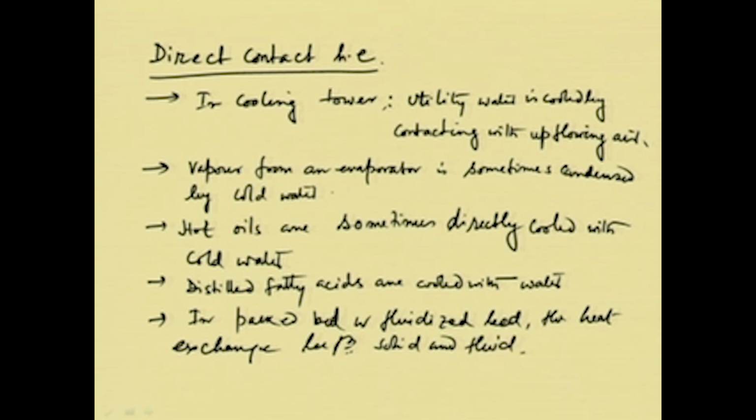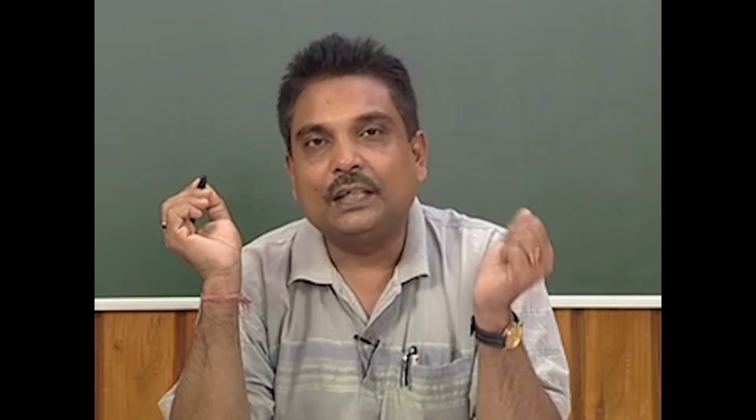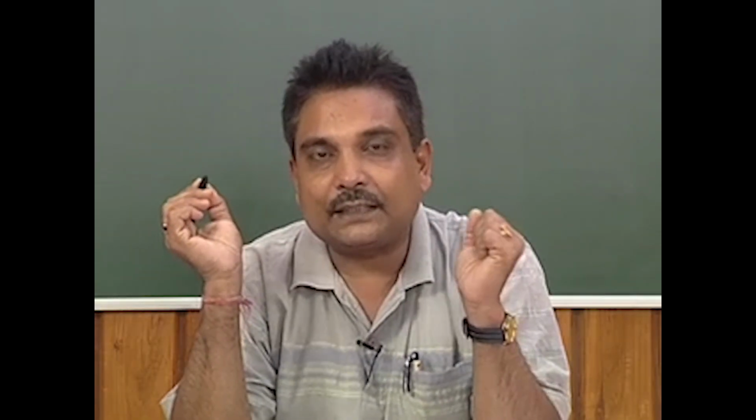This is not only in a packed bed or fluidized bed, but in any kind of solid-fluid operation where the fluid is in direct contact with the solid. A typical example is adsorption or any other reactor, packed bed, distillation, fluidized bed reactor. Everywhere there is some kind of heat generation, so some temperature difference will be there between the solid phase and the fluid phase, and some amount of heat transfer will take place. This heat transfer is also an example of direct contact heat transfer.